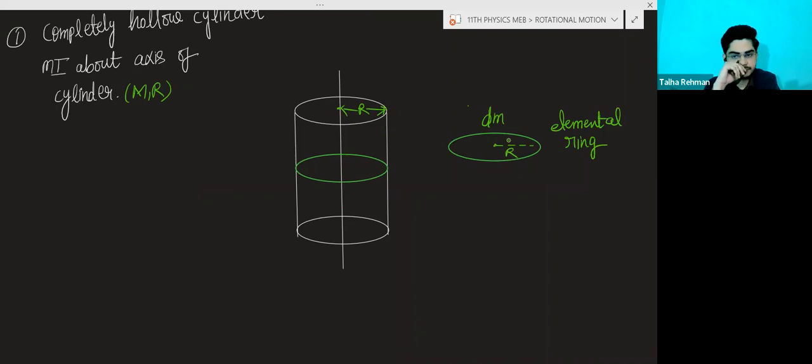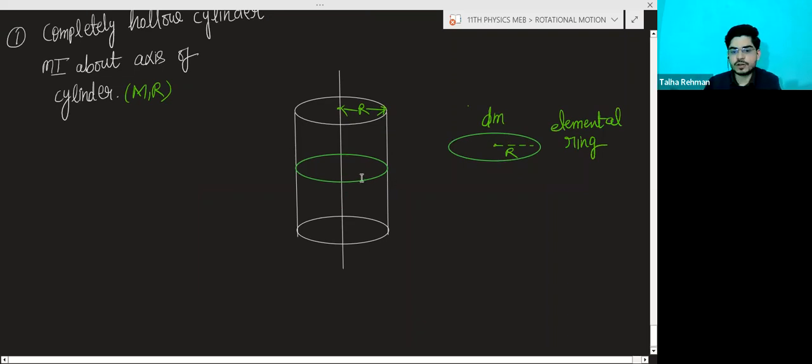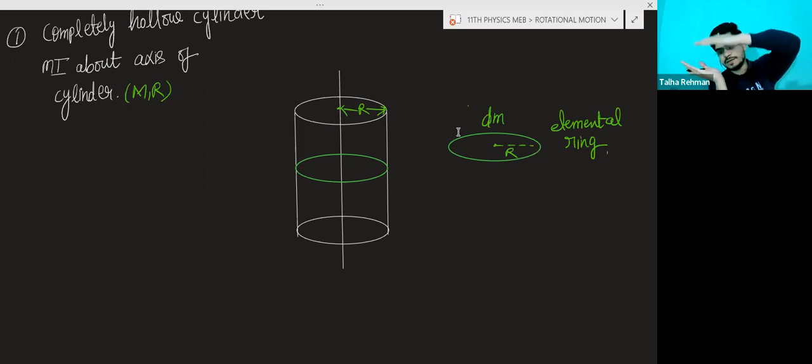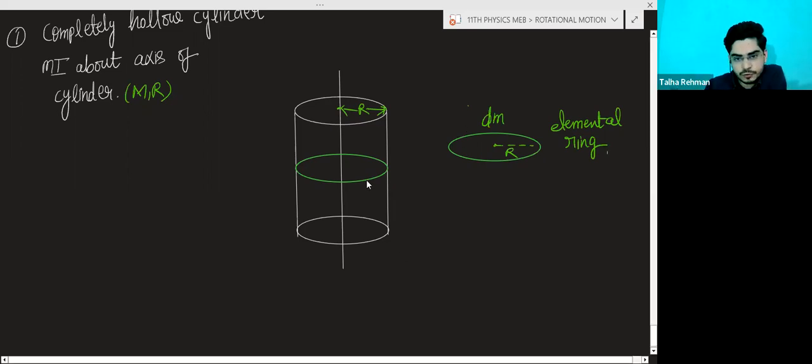Now, if I give you an infinite number of small elemental rings, and you place one above the other, one ring, another ring, another ring, then try to imagine, will you get a completely hollow cylinder? If you take a large number of elemental rings like this, you will get the completely hollow cylinder.